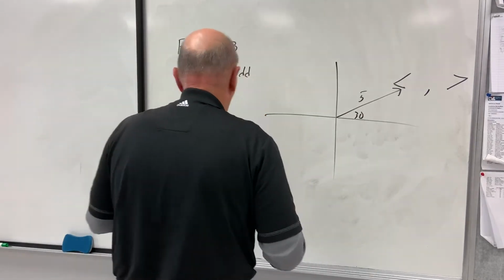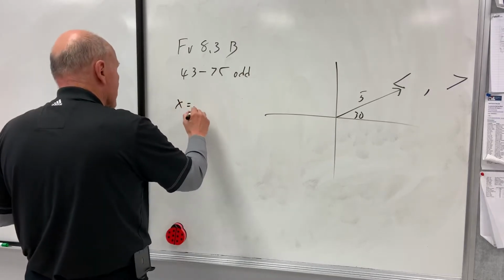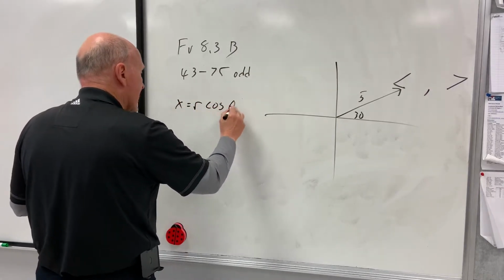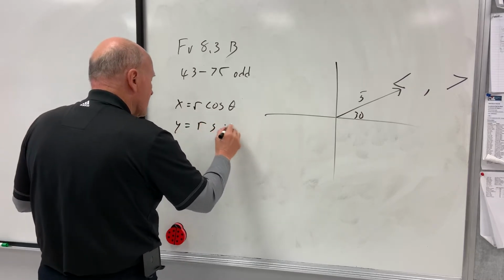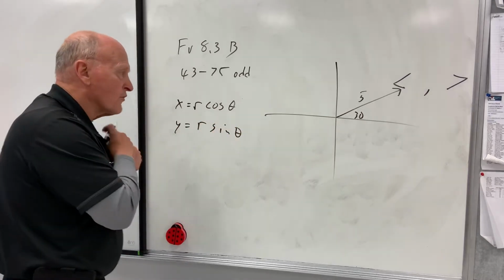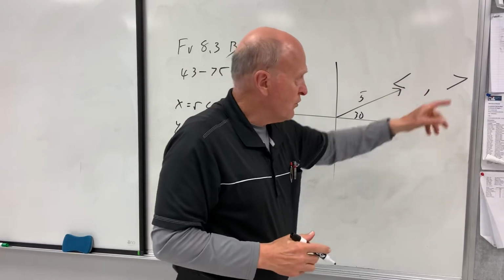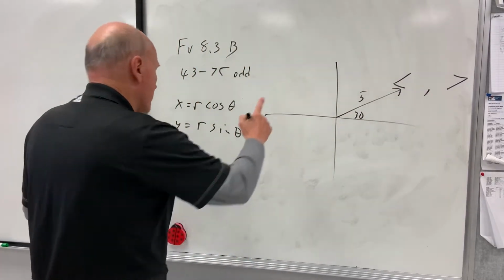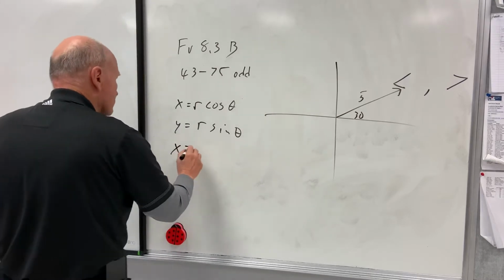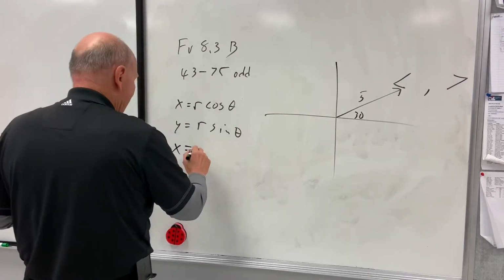We know that our x value is equal to r cosine theta, and our y value is equal to r sine theta. This is where the x value goes, this is where the y value goes, the y component. So, if I'm doing my first one, x would be equal to r, which is 5.